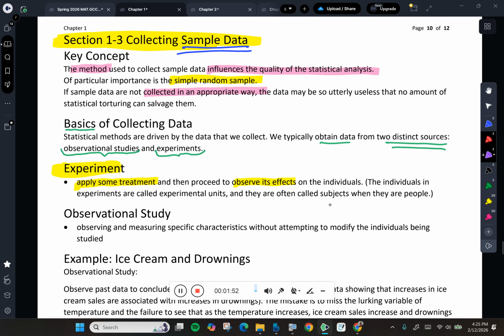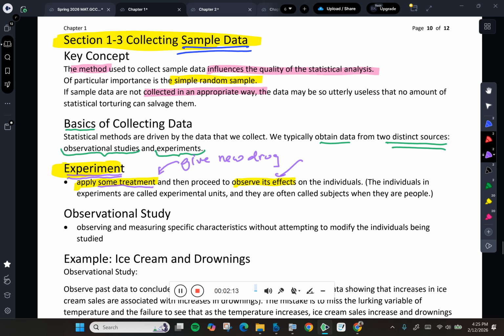So you're going to gather data to determine whether or not it actually works. That data you're going to gather is through an experiment. So you're going to apply a treatment, and in this case that treatment would be to give the new drug to some people. And then you would observe its effects.